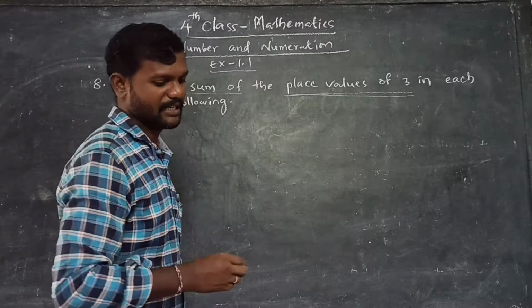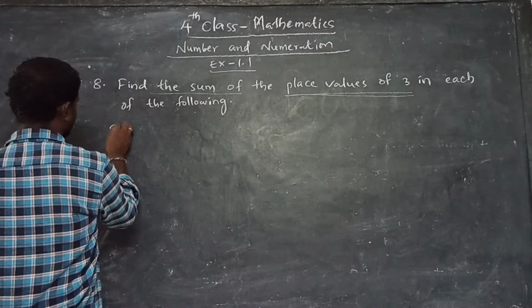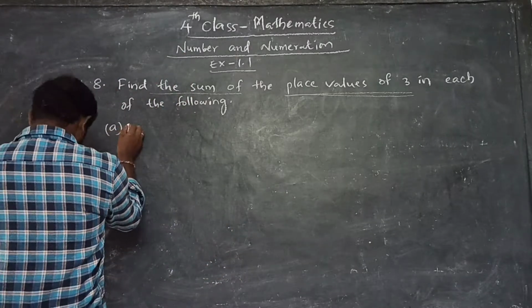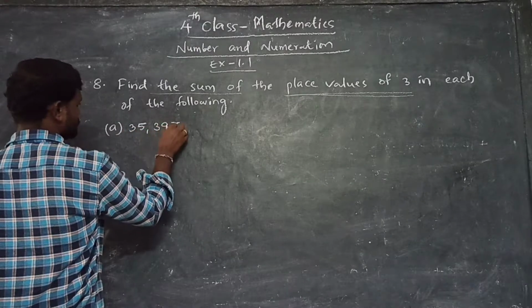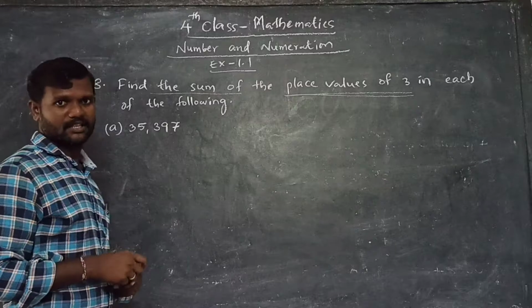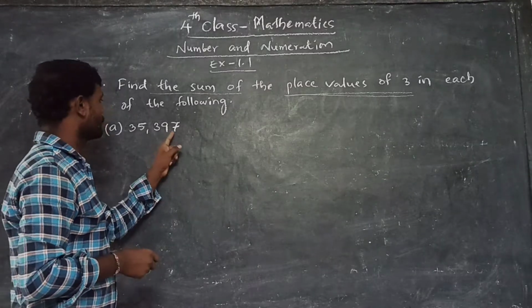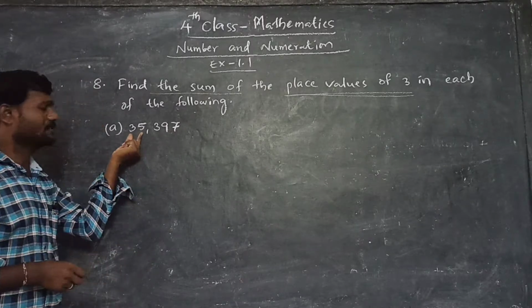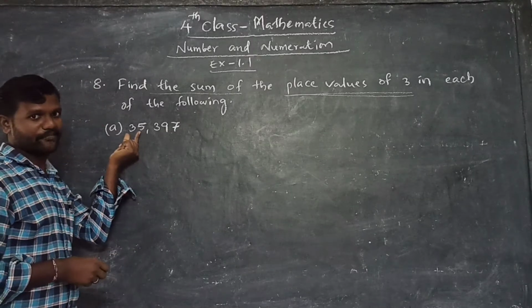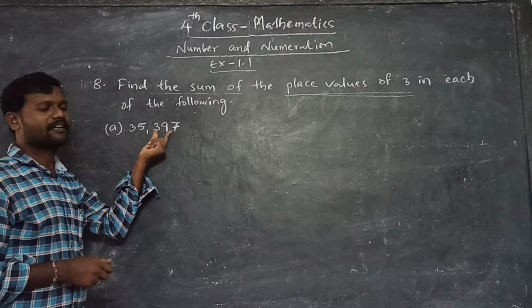Okay, for example, the first number is given. Okay, this is the first number here. 1, 10, 100, 1000, 10,000. So in thousands, what is that? 35 are there. So 35,397.